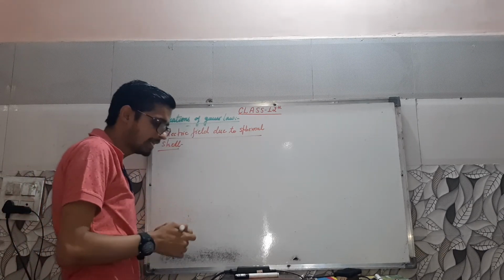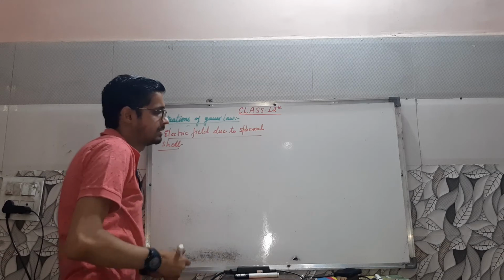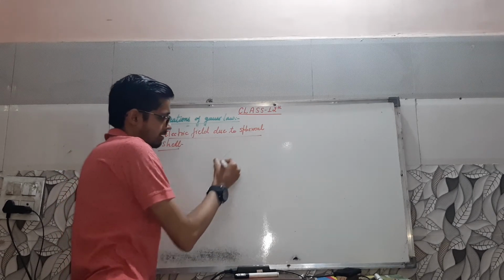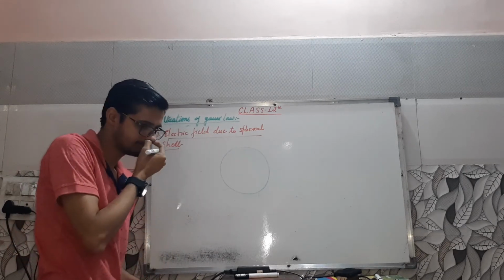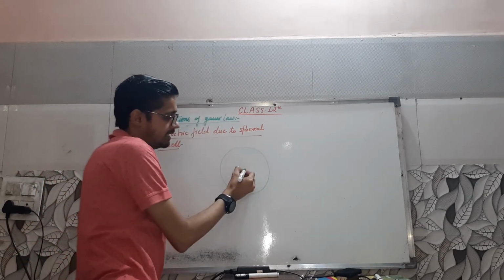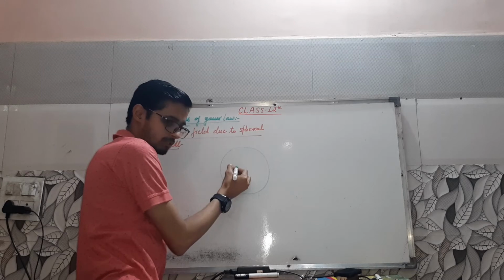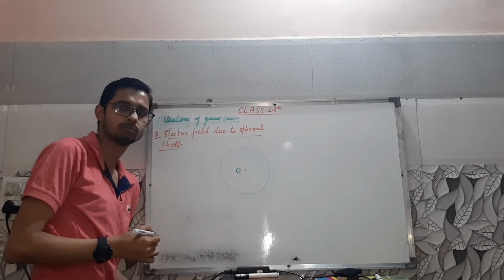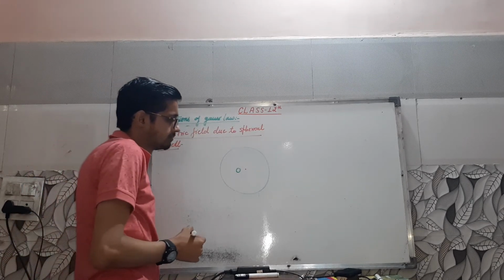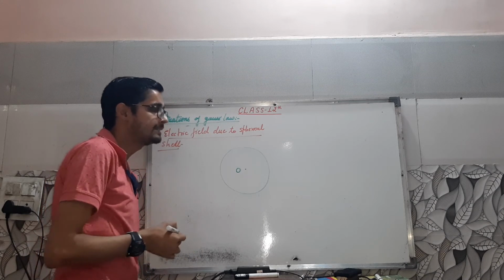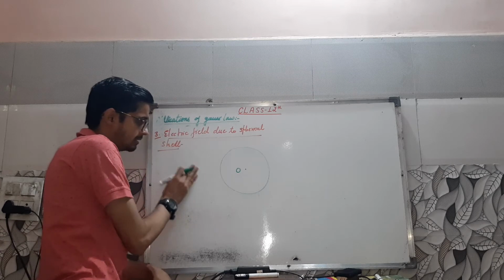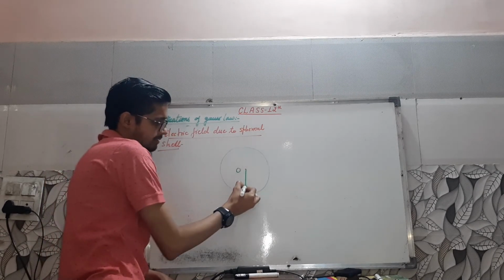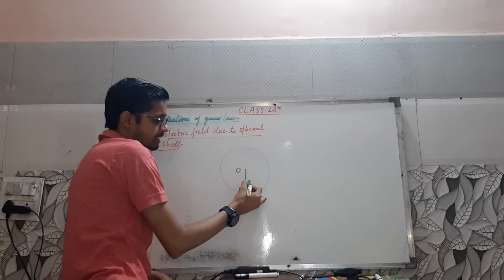So suppose there is a shell that looks like this. Let us say there is a point O. Now there are three cases to calculate electric field. First, suppose the radius of the spherical shell is r.